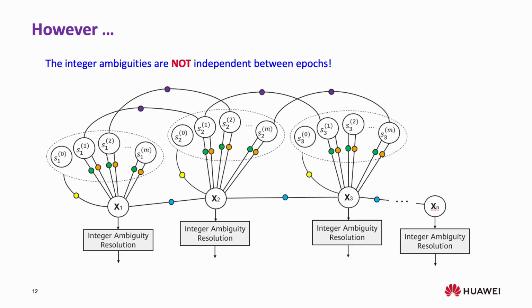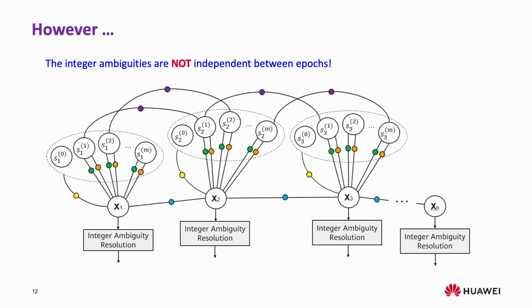By now, this is the factor graph framework for RTK. The RTK float solution is first calculated by factor graph optimization. Based on its solution, the integer ambiguity is resolved epoch by epoch, and this framework is similar to the continuous version of combined EKF-RTK.